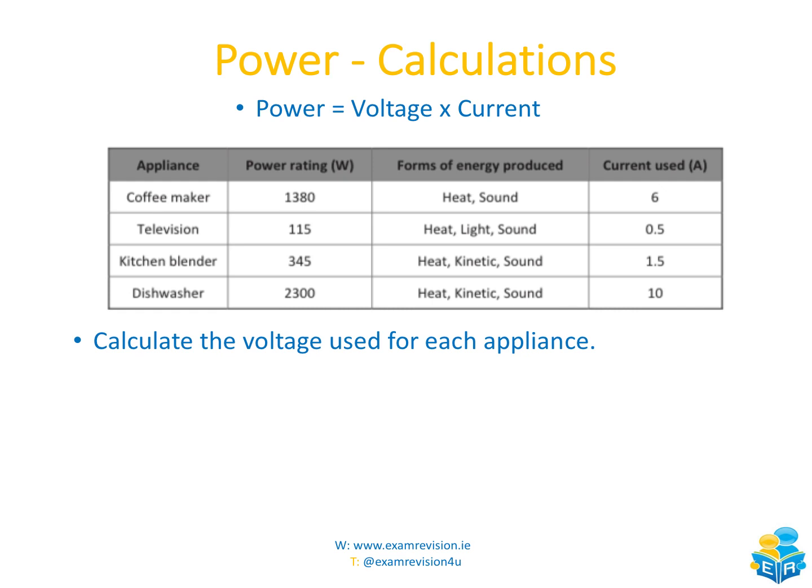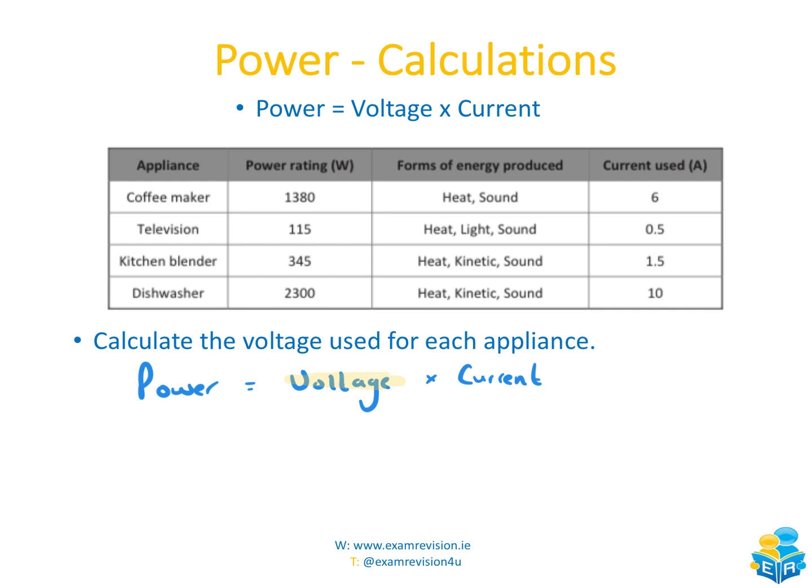So this is the question which has actually come up on the junior cycle paper before. Calculate the voltage used for each appliance. So we're actually given the power in this case. Let's just have a quick look here. We know that the power is equal to the voltage multiplied by the current. We actually want to find out what the voltage was.